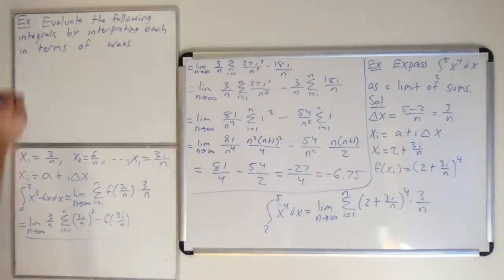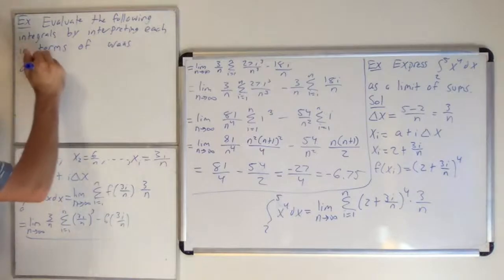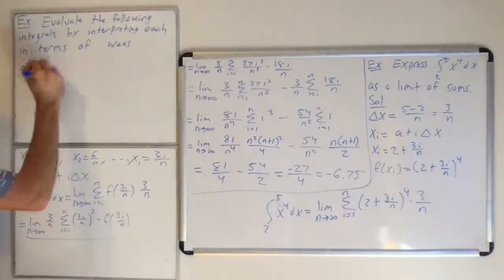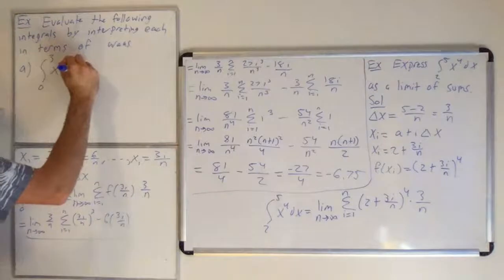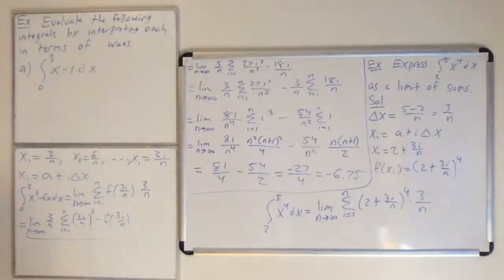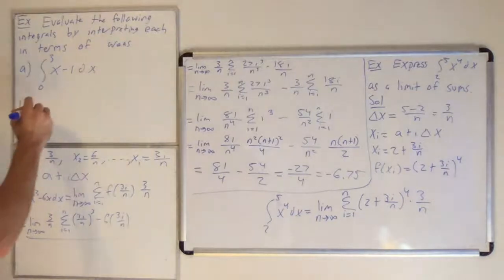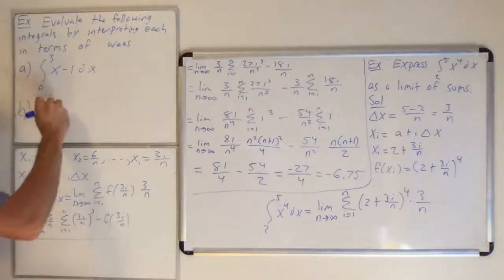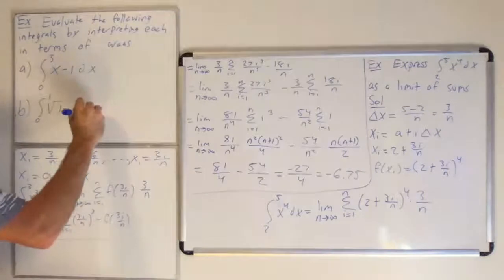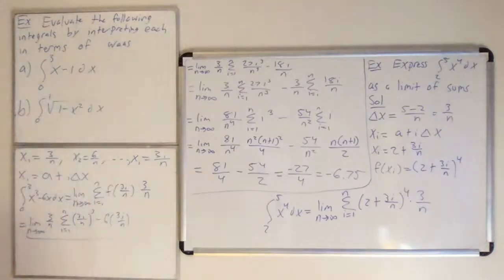Okay, so the first one is the integral from 0 to 3 of x minus 1 dx. And the second one is the integral from 0 to 1 of the square root of 1 minus x squared dx.